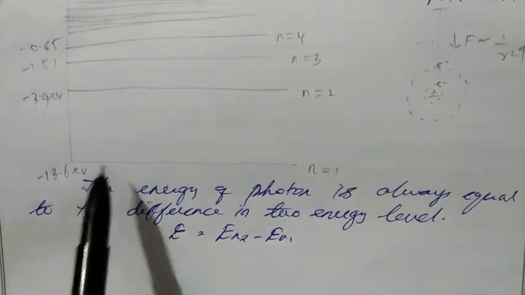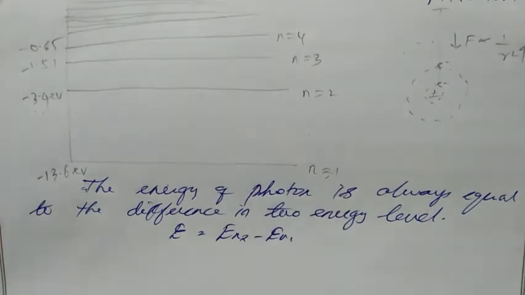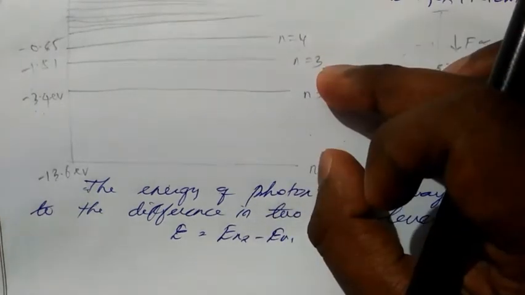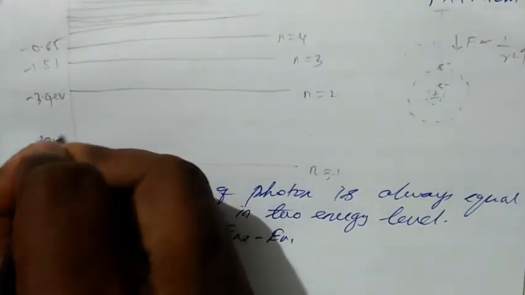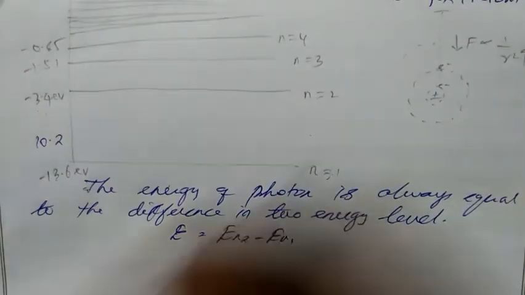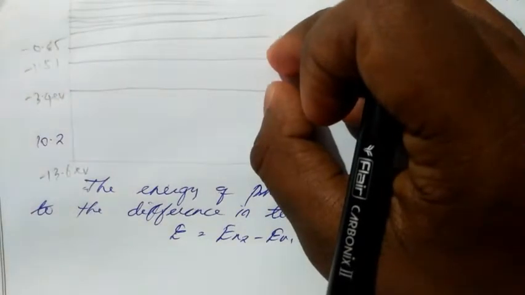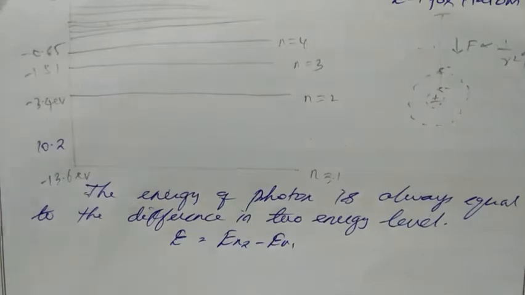So you see the difference here, between n2 and n1 for these two orbitals. The difference is nearly 10.2, minus 13.6 and minus 3.4 gives nearly 10.2, right? Then for this it has a difference of nearly 1.89.